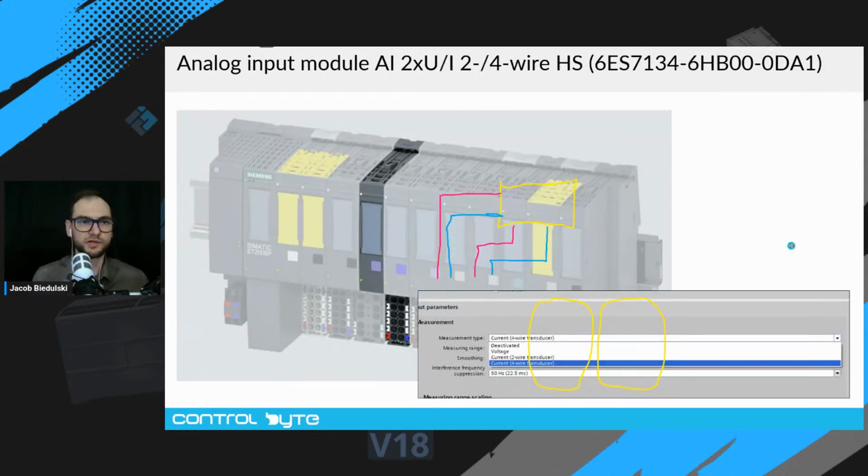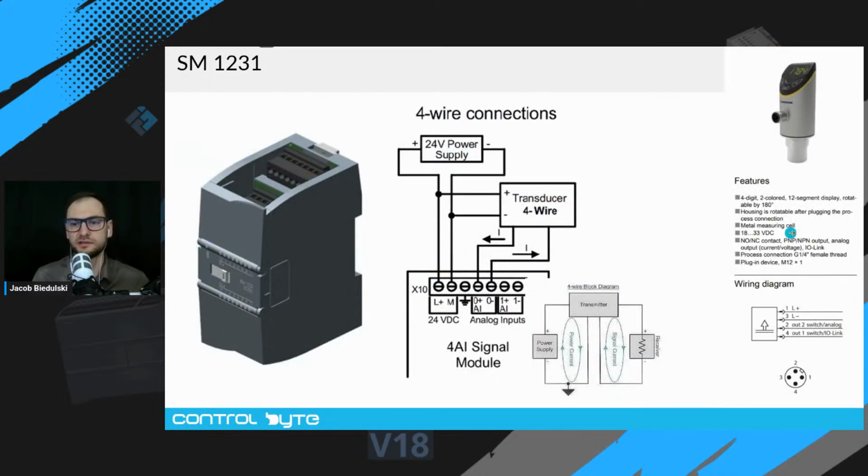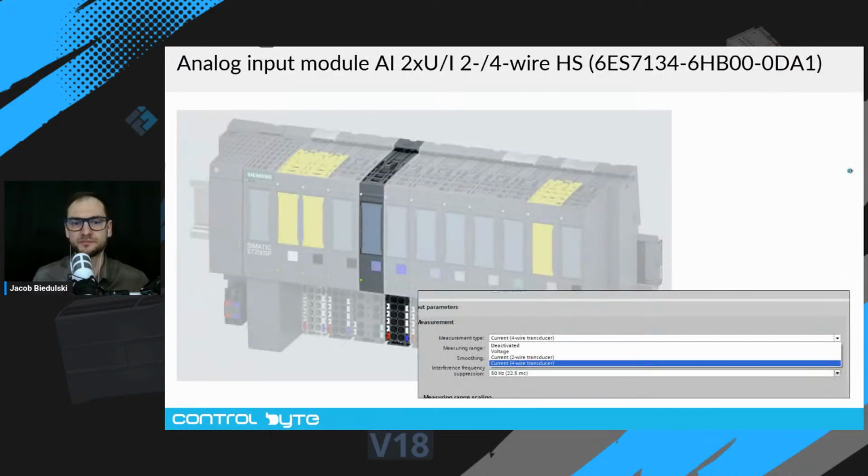So we have almost 48 minutes of the live stream, so we'll be summarizing our topic right now, and I have some special information for the viewers and special bonuses, okay? So in the previous slides, you saw how to connect SM1231 modules of the S7-1200 PLC.